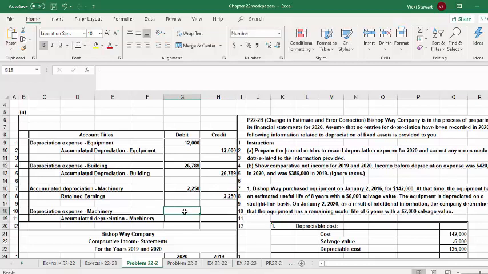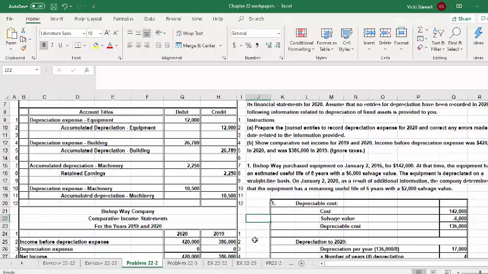And then we do need to record the depreciation expense on the machinery for the current year, so we would debit depreciation expense machinery for $10,500 and credit accumulated depreciation for the same amount. So that was the A portion of the problem.